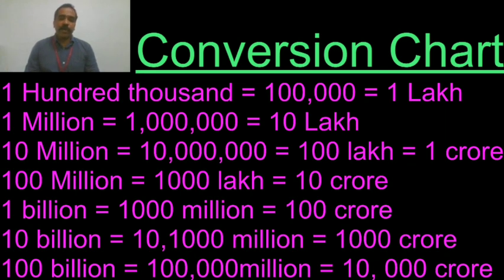Then 1 billion. 1 billion means 1000 million. 1000 million means 100 crore. So we can say that 1 billion is equal to 100 crore.